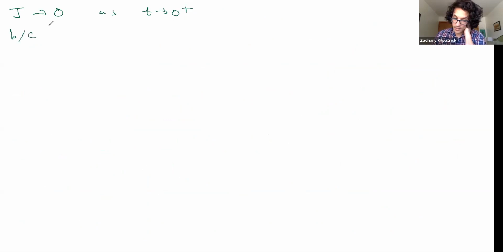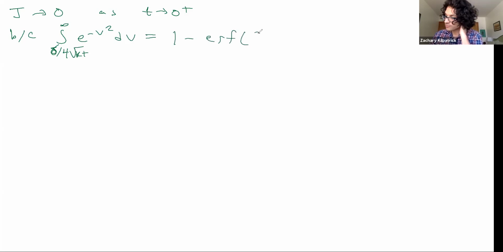Basically because the integral from gamma over 4 square root of kt up to infinity of e to the minus v squared dv, okay? This is going to be equal to 1 minus the error function of gamma over 4 times the square root of kt.